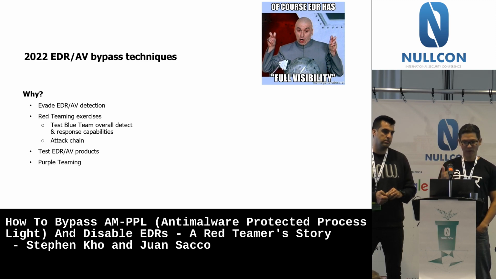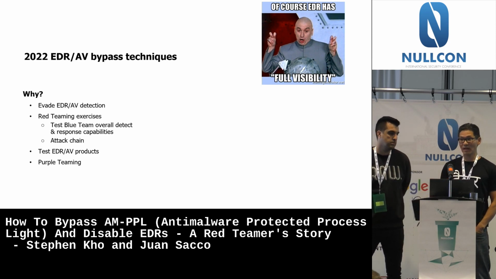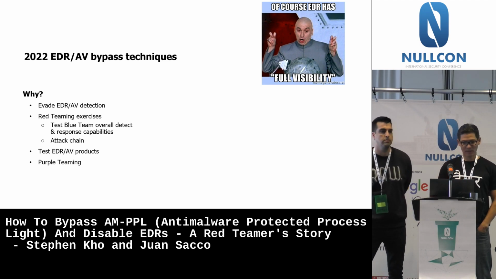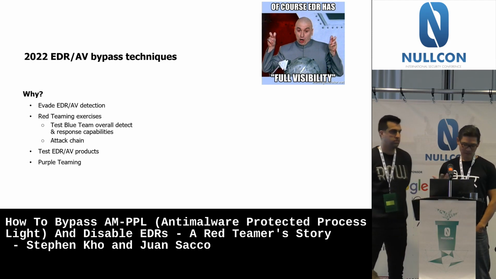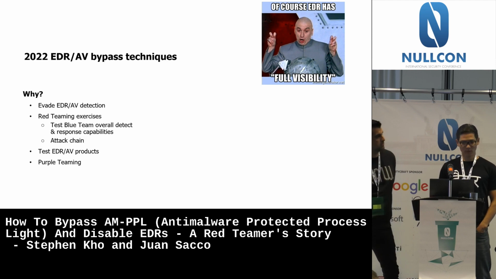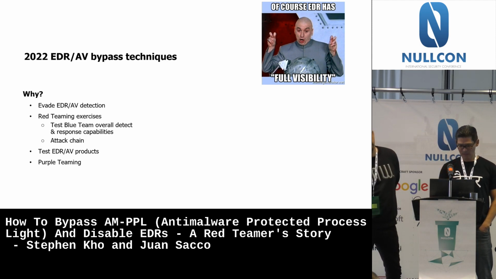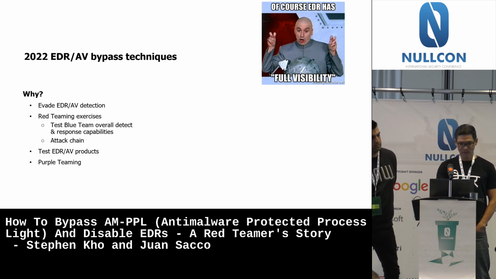So that's one thing. You could be testing the actual EDR and AV products to see how effective they are against evasion, so it's important to be able to manipulate these things. Purple teaming is another good example, where we work with the blue team to fire techniques and exploits and see if they pick them up or not.